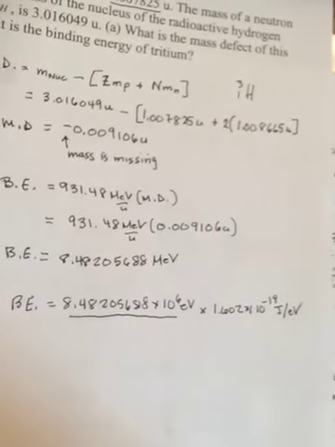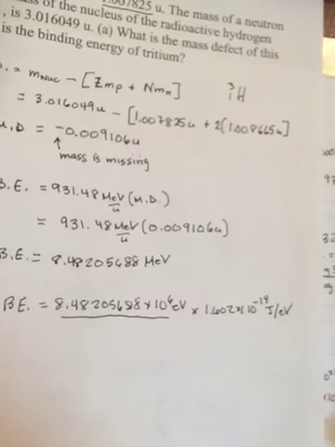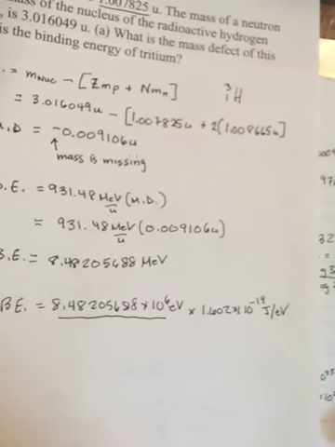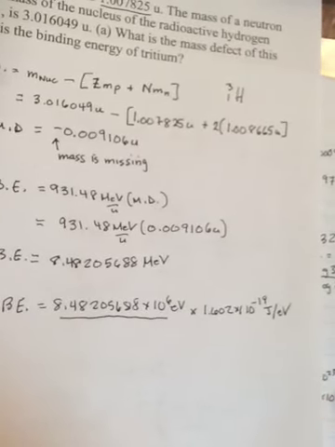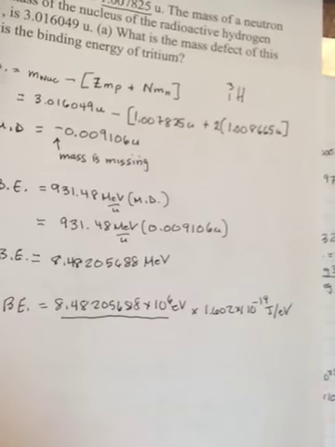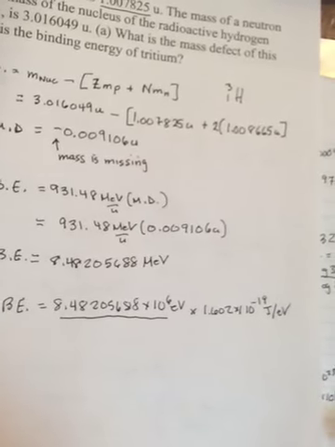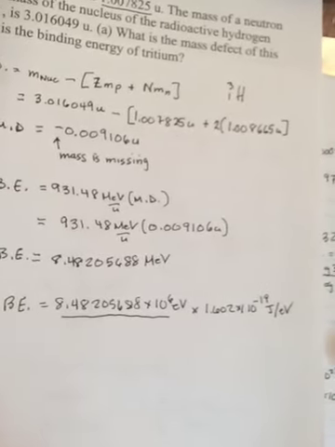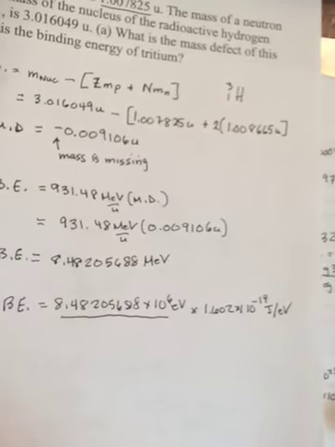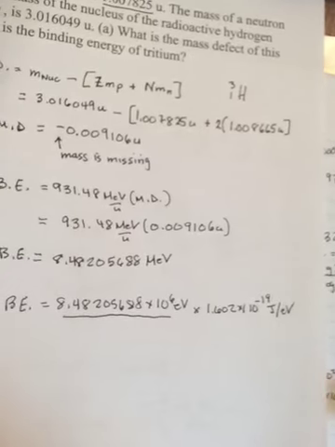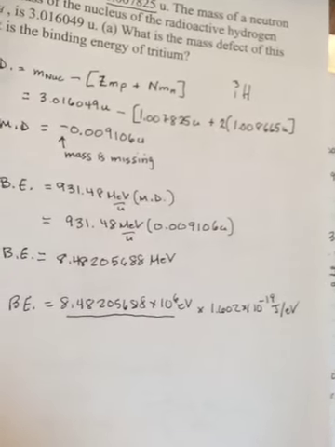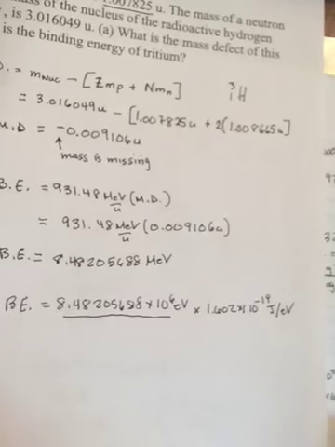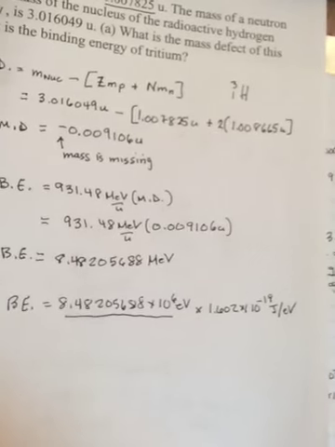So you punch all this in your calculator. 8.48205688 times 10 to the positive 6 times 1.602 times 10 to the negative 19. Except I didn't punch in 1.6, I punched in 1.5. 8.48205688 times 10 to the 6th times 1.602 times 10 to the negative 19.